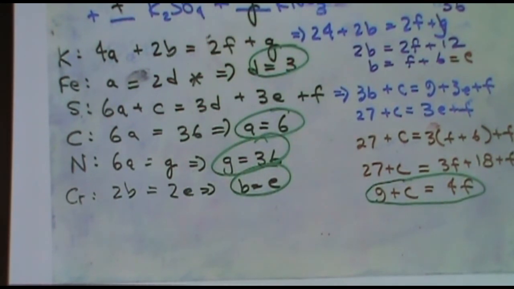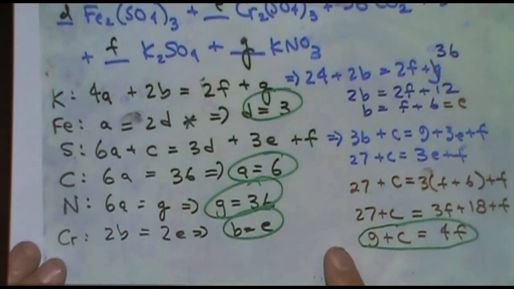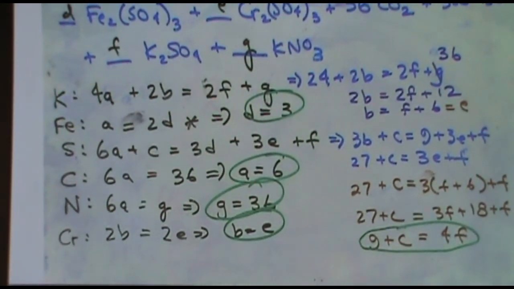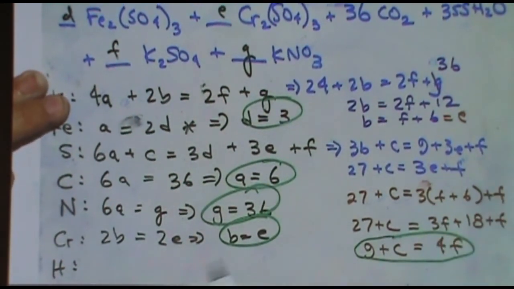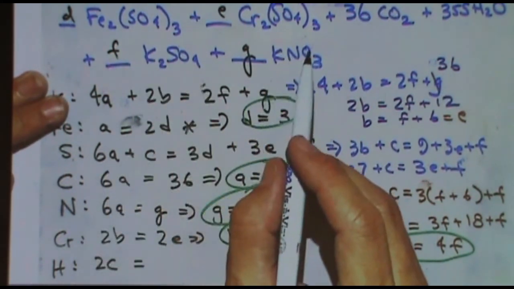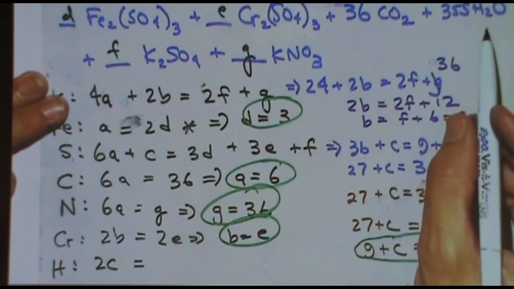Okay, is chromium, what have I not done yet? Is there anything besides oxygen? I'm kind of postponing oxygen. I haven't done hydrogen, right? Yeah, let's do hydrogen. 2C, oxygen's a tough one just because it's everywhere. 2C equals 355 times 2.